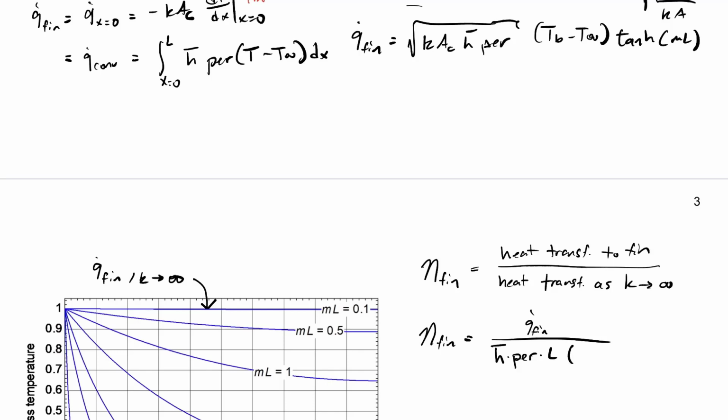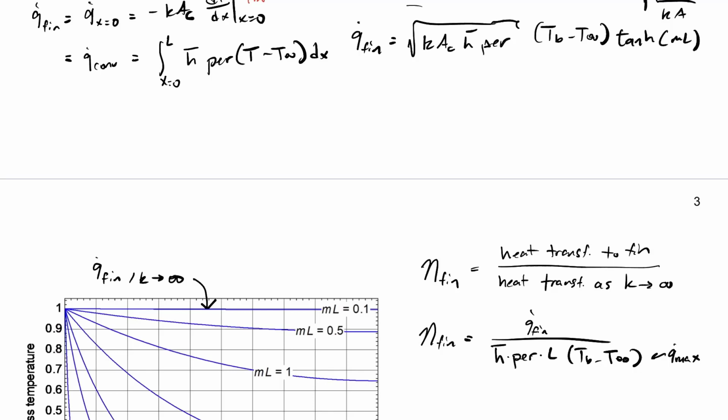If the entire thing is at T_b, we just have T_b minus T infinity. That's the maximum rate of heat transfer you could get, so we call this Q dot max. That's the maximum rate of heat transfer that you can get from this fin.